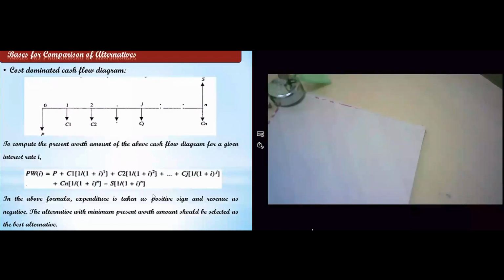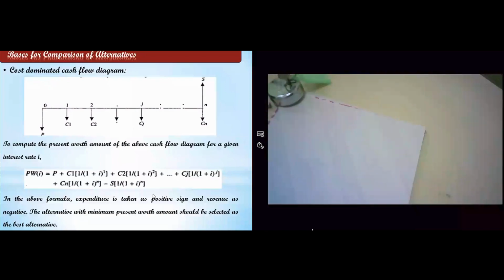You need not learn it by heart, but either you can solve the entire cash flow in one single step, or you can split it as we did for some of the numericals in the time value of money unit. So this you can copy down.